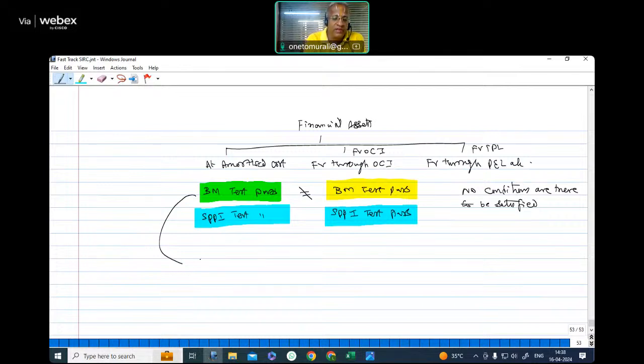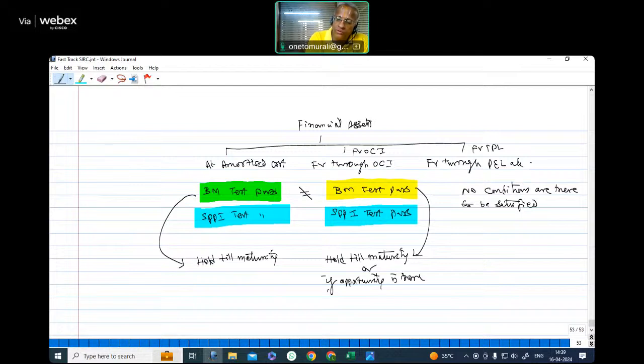Business model test where the financial asset you hold till maturity. In this, hold till maturity, or if an opportunity is there to sell, it can be done.